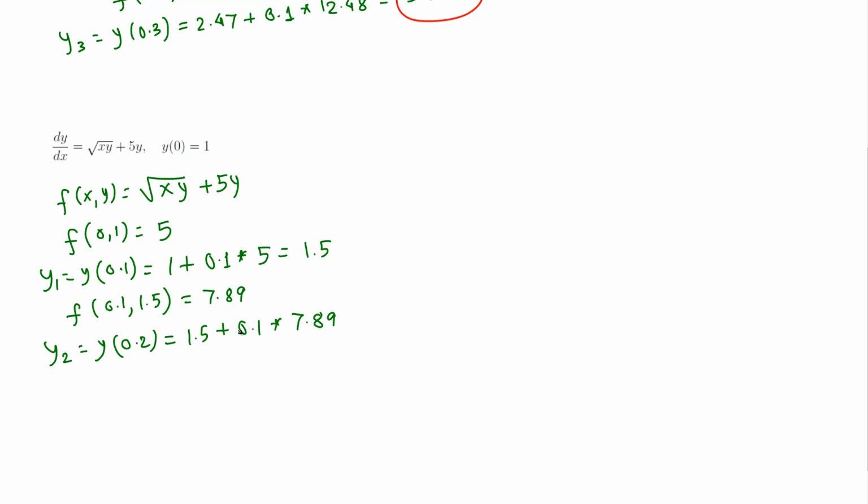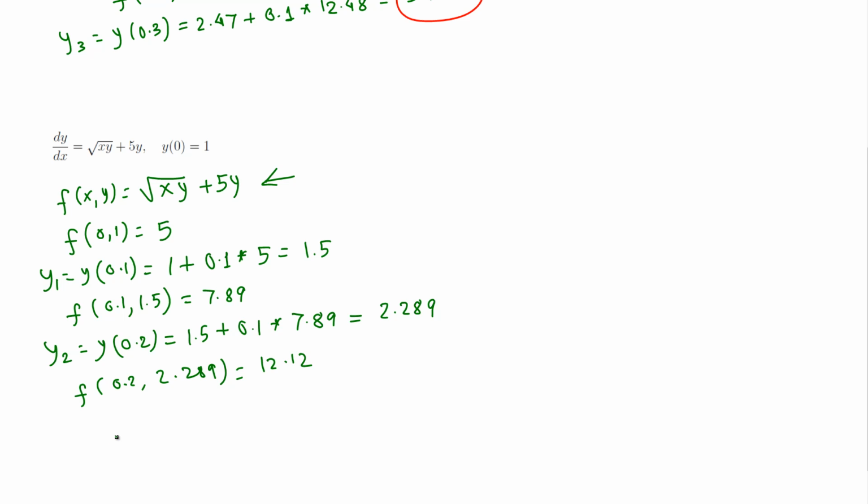Multiply and add 1.5, you get 2.289. Finally, evaluate the slope at 0.2 with corresponding y 2.289. Plug in x, y, then you get 12.12.